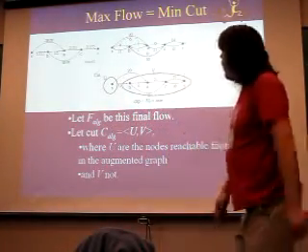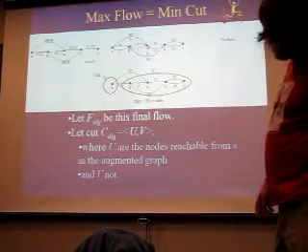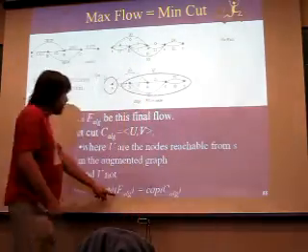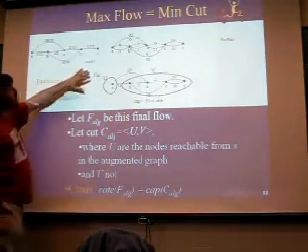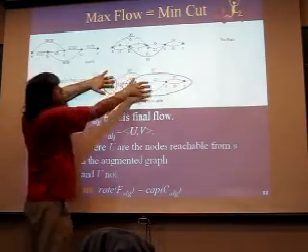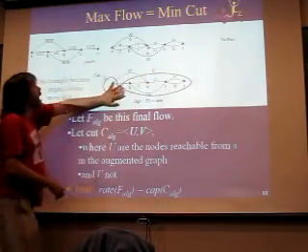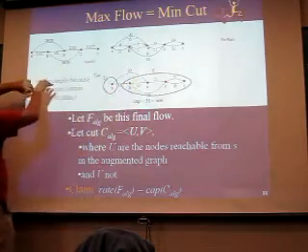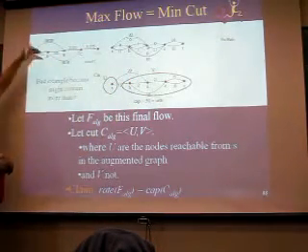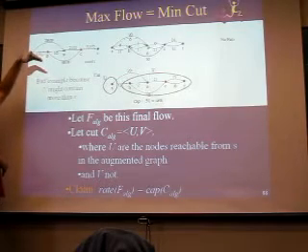What we proved last class is that when this algorithm stops, you look at the capacity of this cut. You go back to the original graph, and you look at the sum of the capacities across.